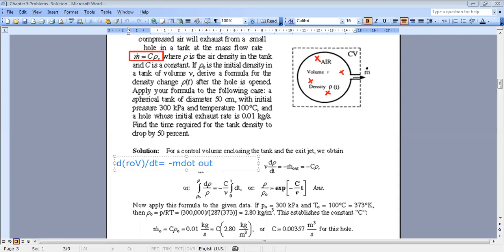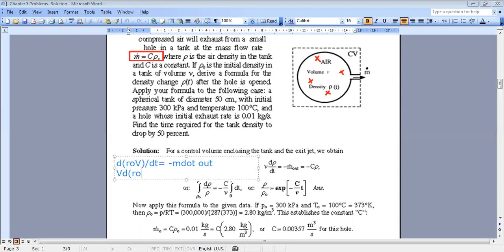Since the density is constant with space and only varies with time, and my volume is independent of time, I can take V outside, so V times the derivative of rho.